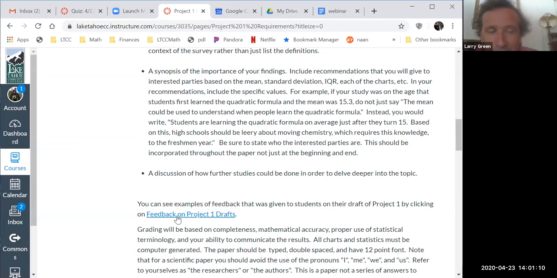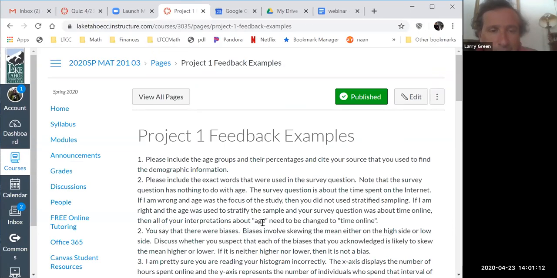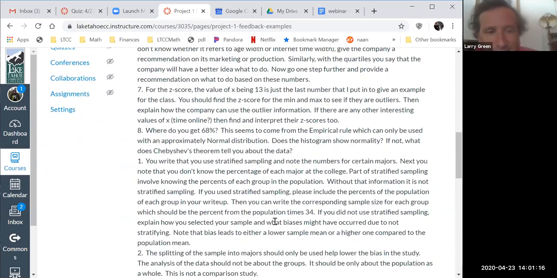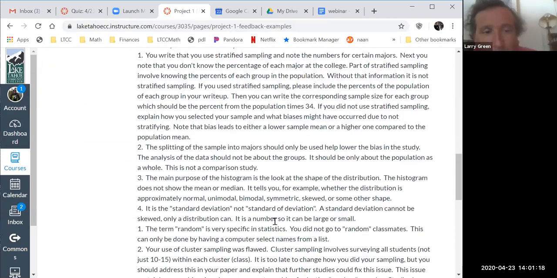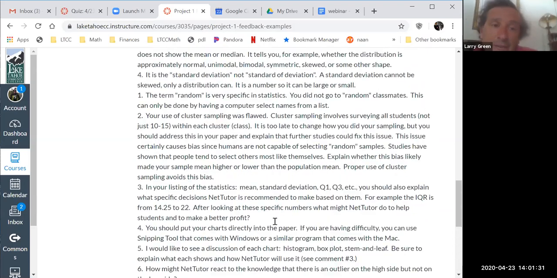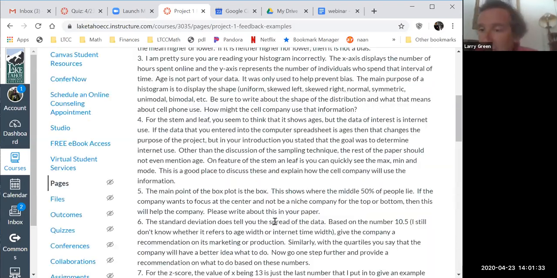If you click on that, what I did is I literally copied and pasted some example feedback that I gave to students in the past. Just three of them or so, so that you can avoid making those mistakes. I recommend you read it. I'm not going to read through that now, but it will help you see where people make mistakes.